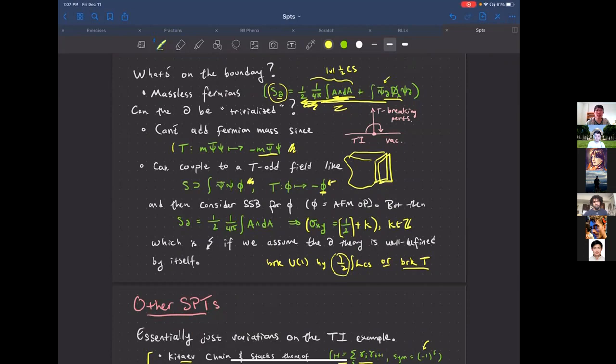You can prove that in any strictly two-dimensional system, this sigma xy has to be an integer. The fact that it's not an integer tells you that there's some non-trivial stuff coming from the bulk that can't be done away with. So this is totally allowed.